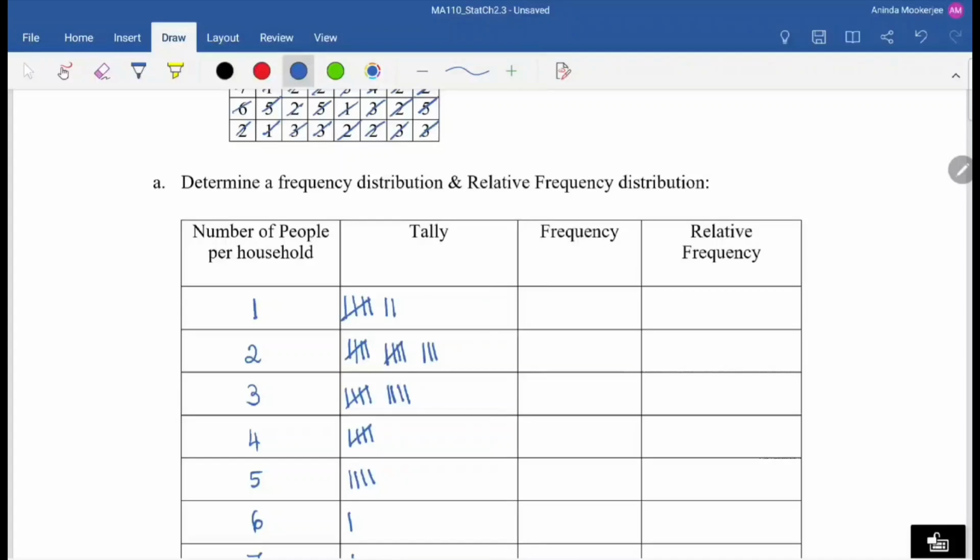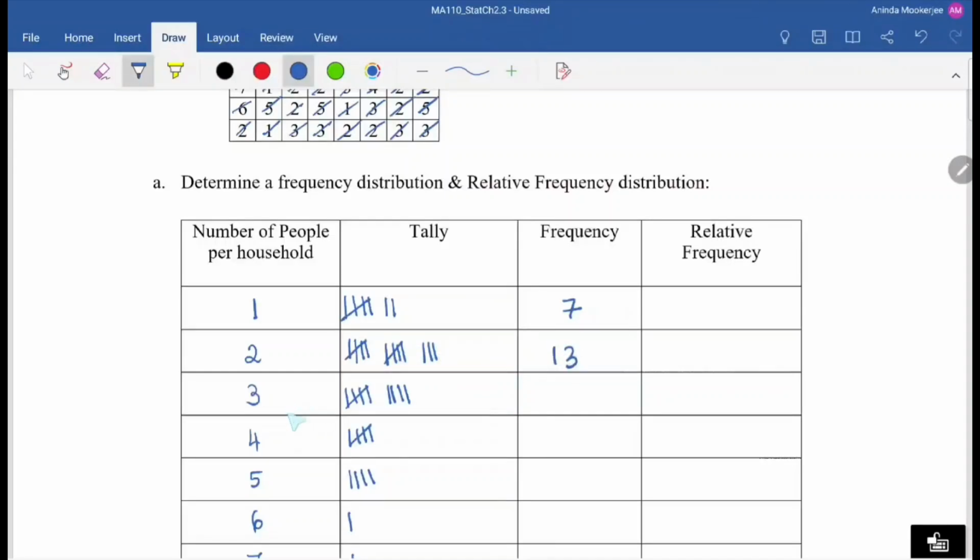All right, so now we have completed our tally. Now we'll go and count the numbers and write in the frequency column. So 5 plus 2, 7 for number of people of 2. It's 5, 10 plus 3, 13.